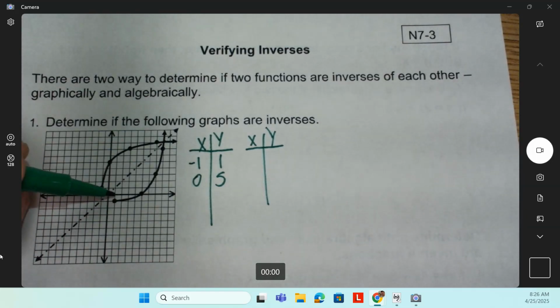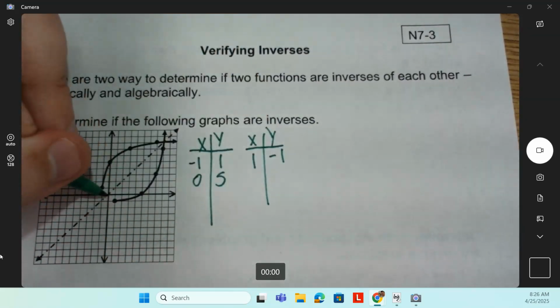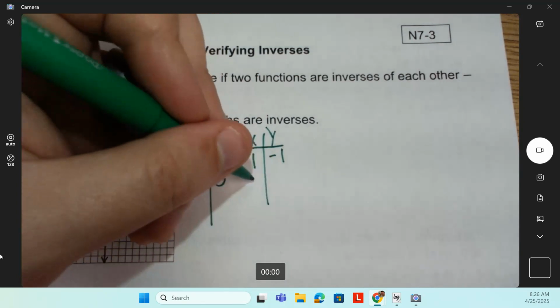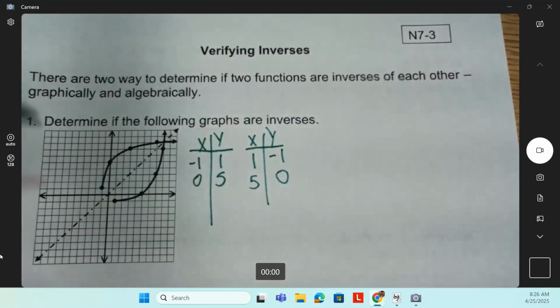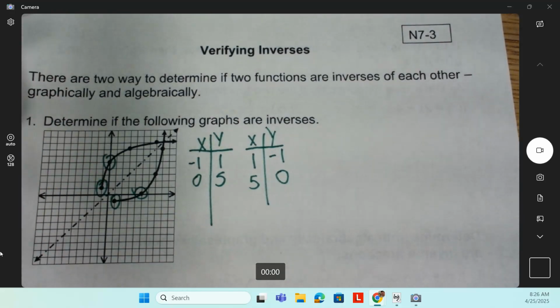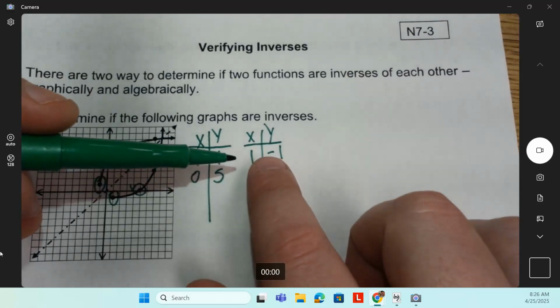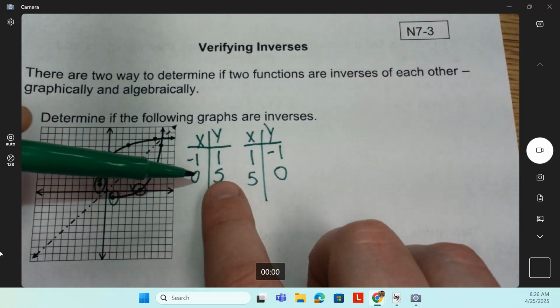So 1, -1, and 5, 0. Again, that's just going off of these 4 points. I can be sure that just like when we were graphing the other day, these are flipped.